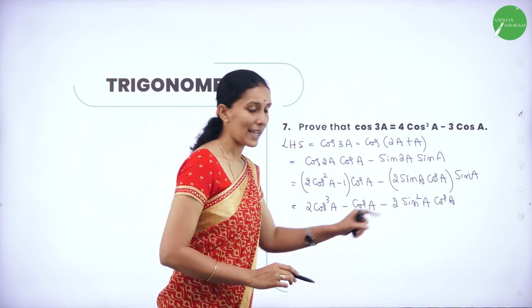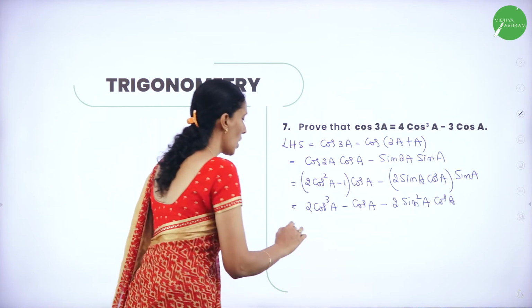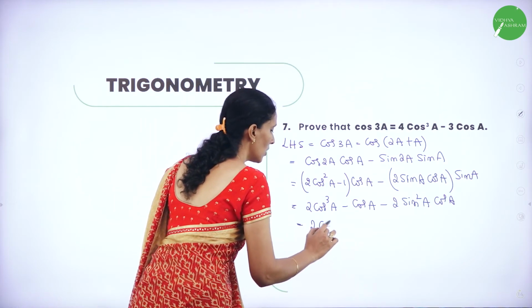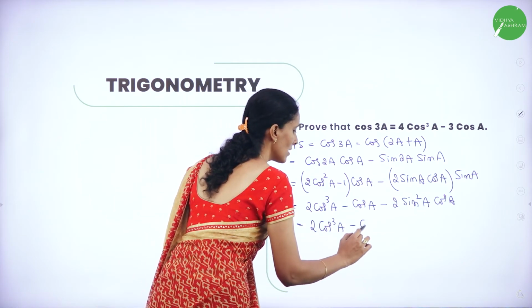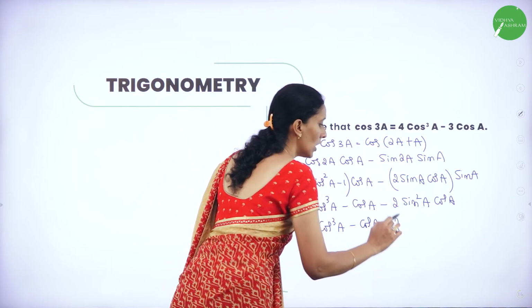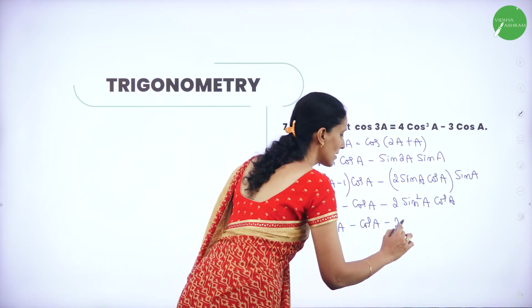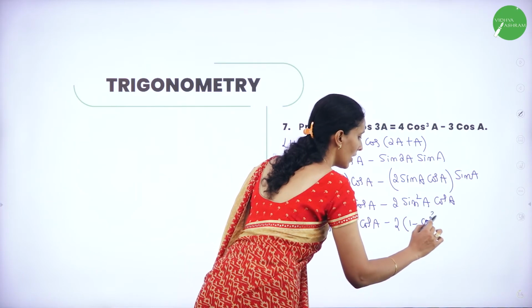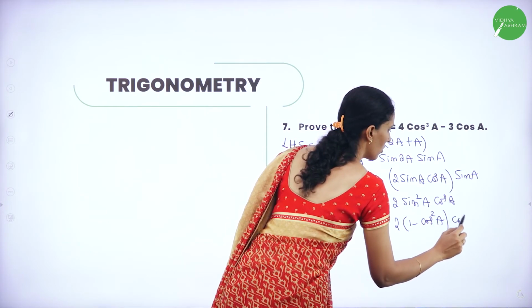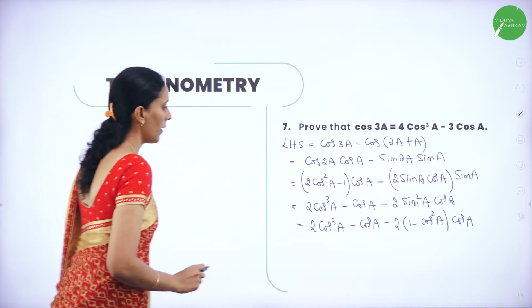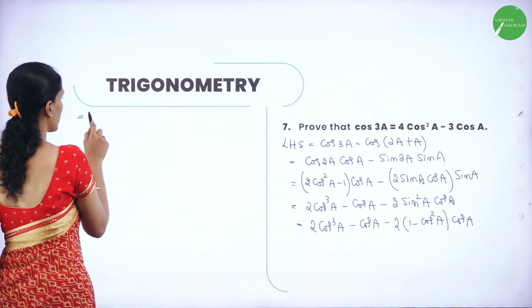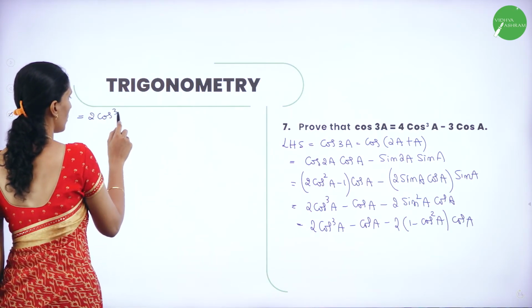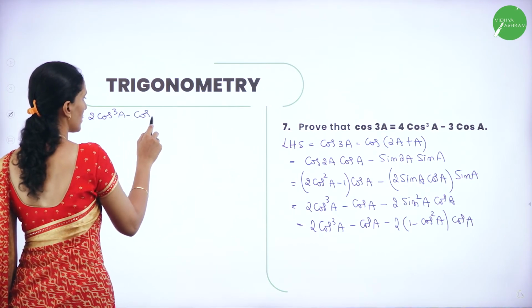Again we are left with sin here, replace it with cos. How we are going to replace? 2 cos cube A minus cos A minus 2 cos A, sin square A can be written as (1 minus cos square A) into cos A. Now multiply.